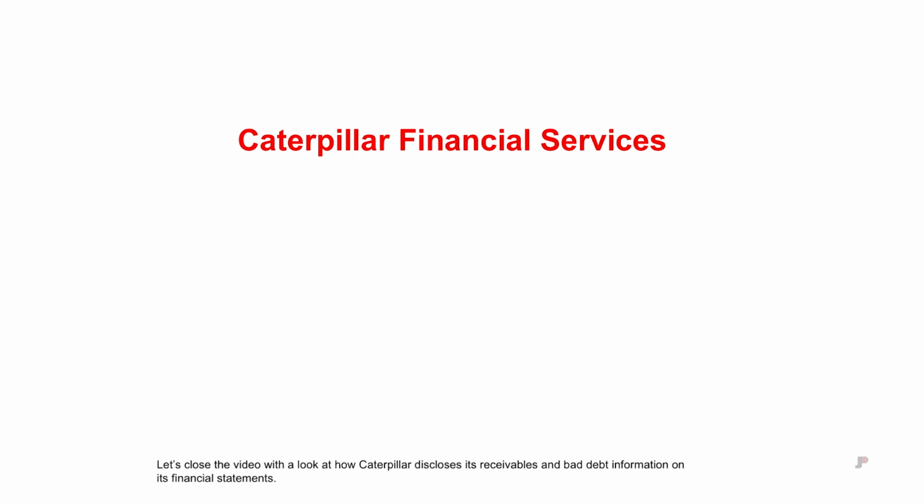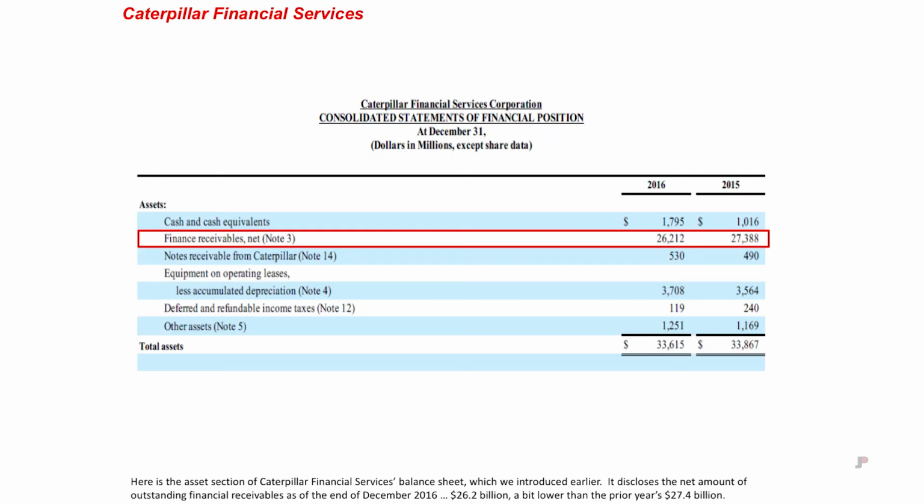Let's close the video with a look at how Caterpillar discloses its receivables and bad debt information on its financial statements. Here's the assets section of Caterpillar Financial Services balance sheet, which we introduced earlier. It discloses the net amount of outstanding finance receivables as of the end of December 2016, $26.2 billion, a bit lower than the prior year's $27.4 billion.